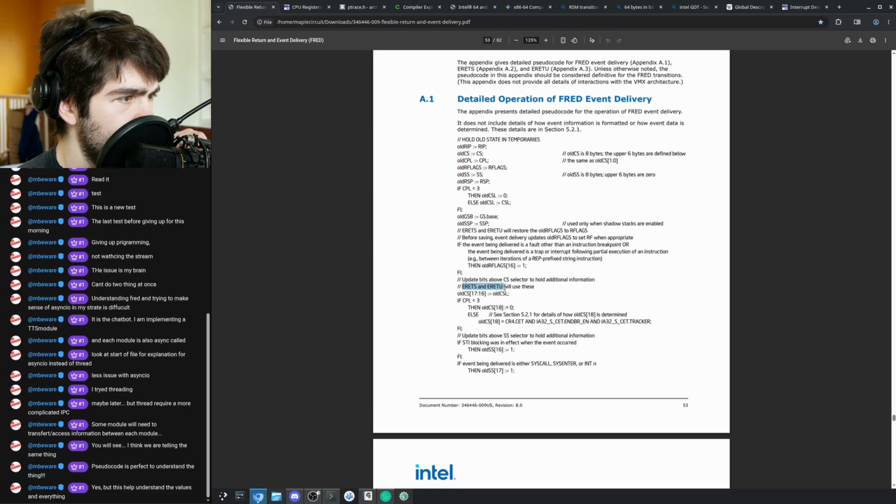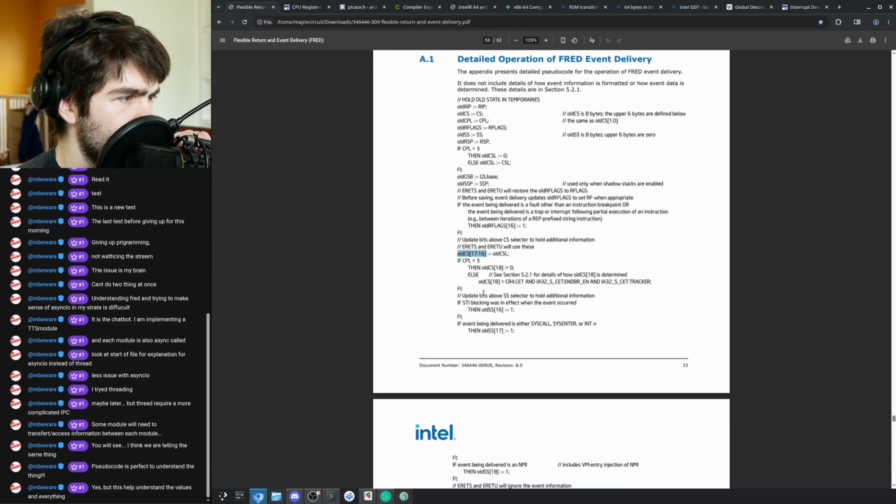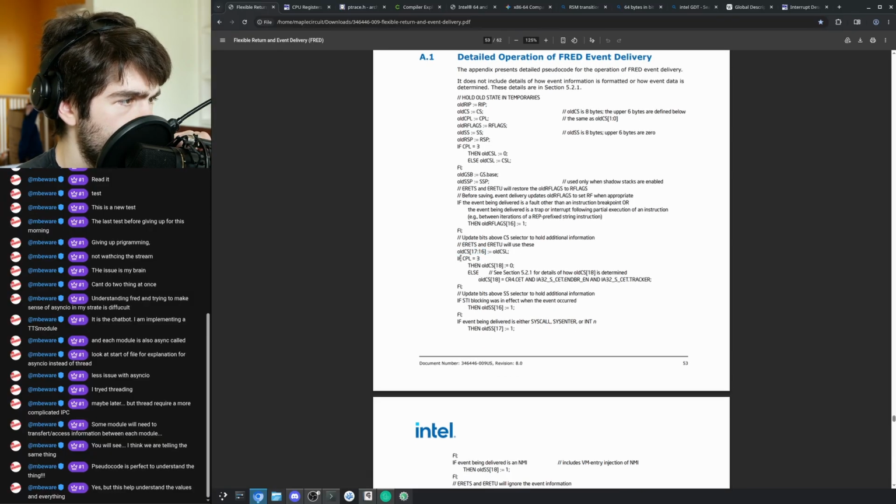ERETS and ERETU, so event return to system and event return to user, we'll use these. So we update the CS information, I guess. If CPL, so if the current protection level, or the ring, is 3, then we set old CS to 0. Updates bits above the SS selector.